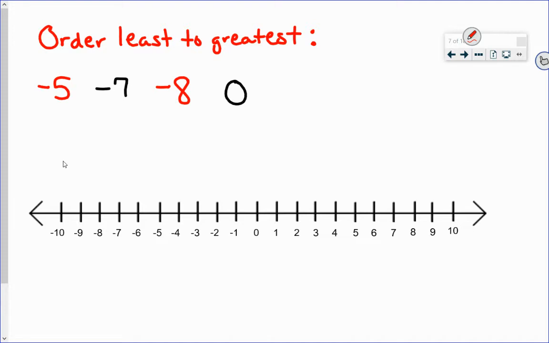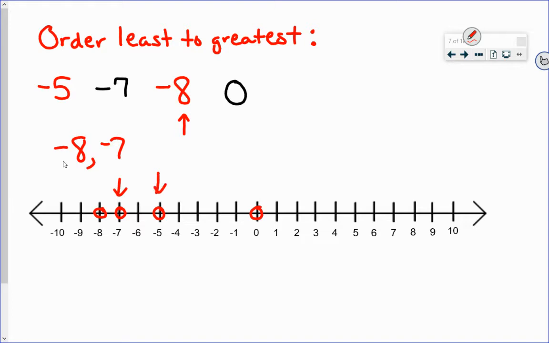Well, which of these negatives is the least? Which one is furthest away from 0? Negative 8 is furthest away from 0. So it has to be first. Then negative 7 would be next.